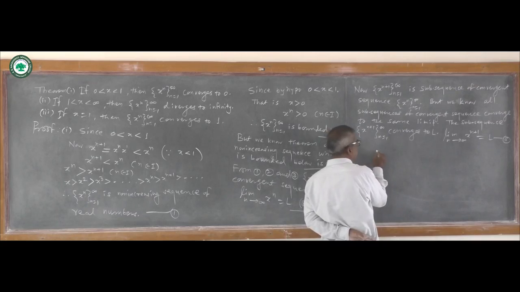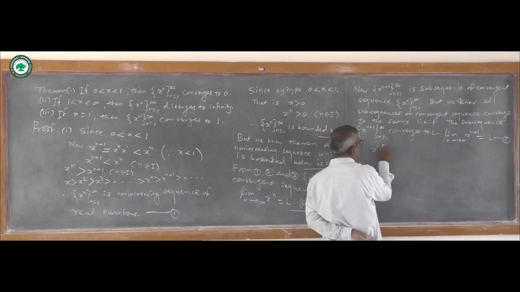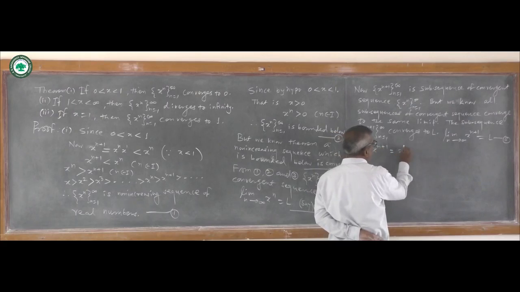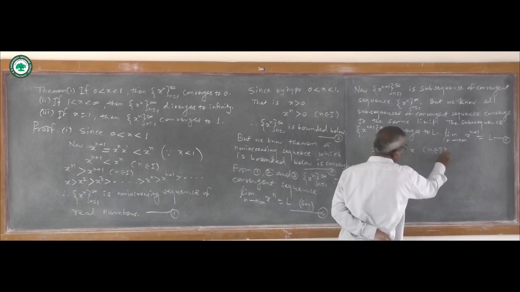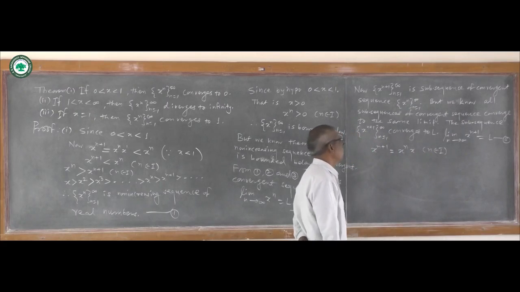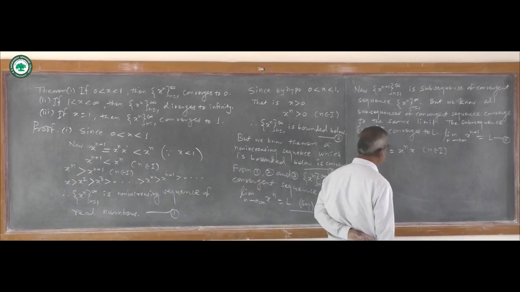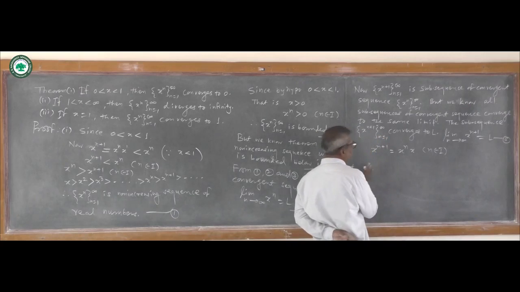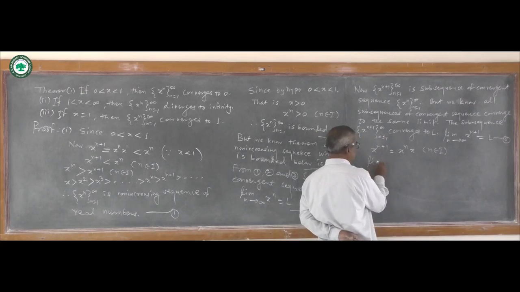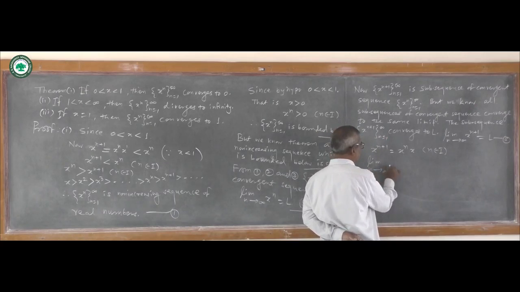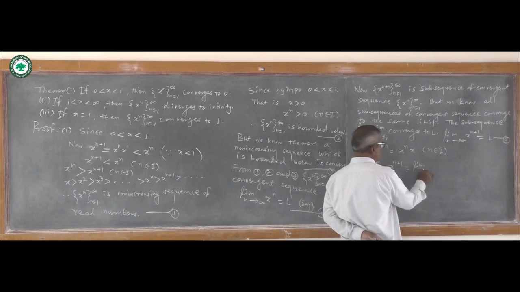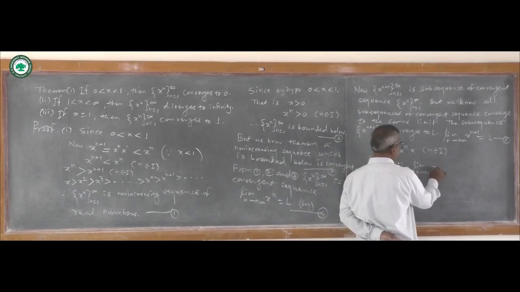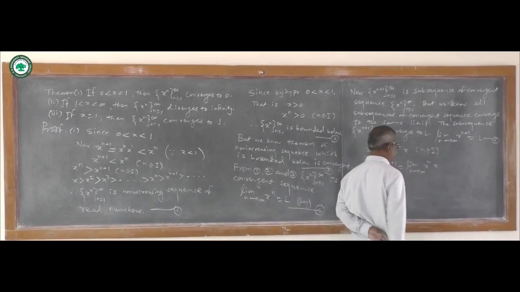x^(n+1) is equal to x^n into x, for all n belongs to I, by applying the law of indices. Taking the limit on both sides as n tends to infinity, the limit of x^(n+1) is equal to the limit of x^n into x.